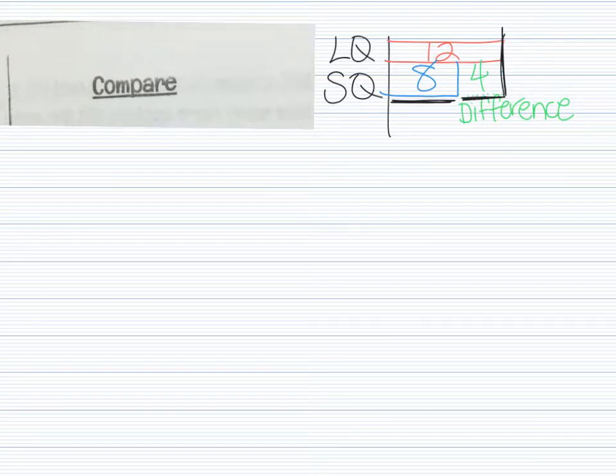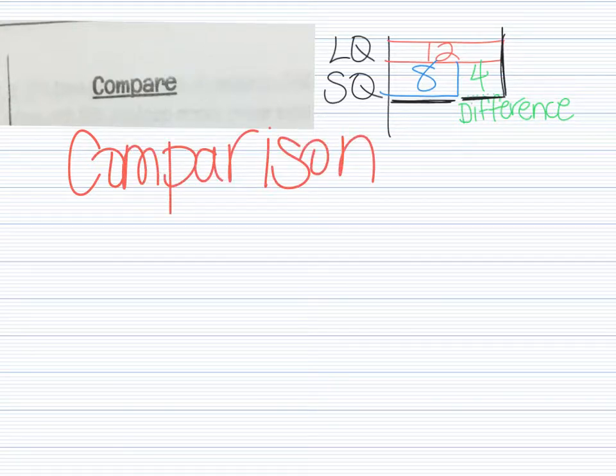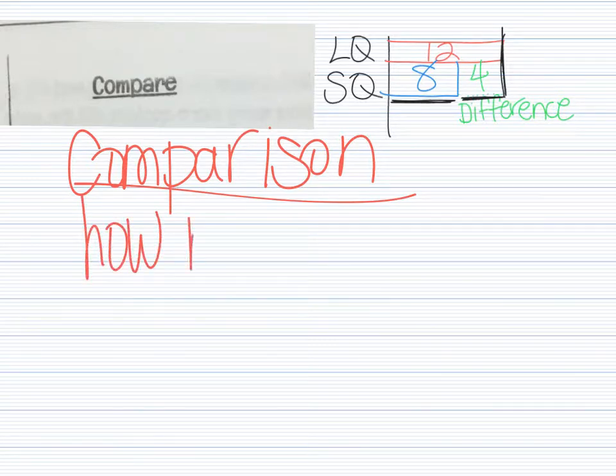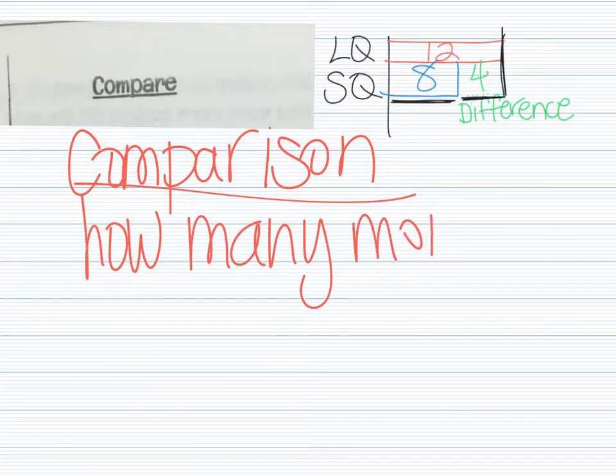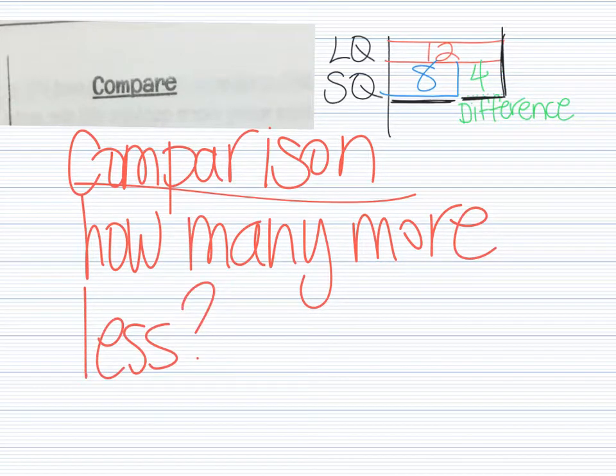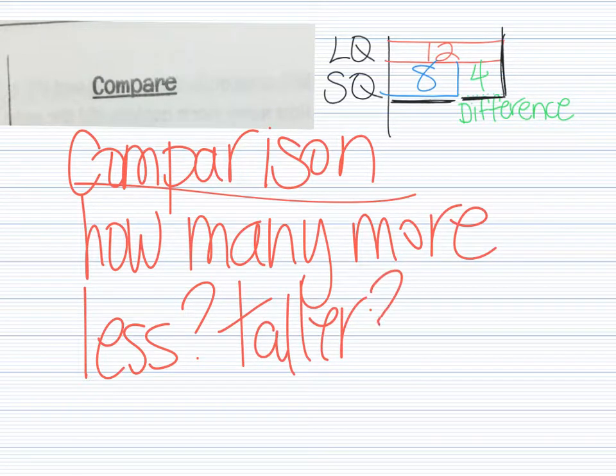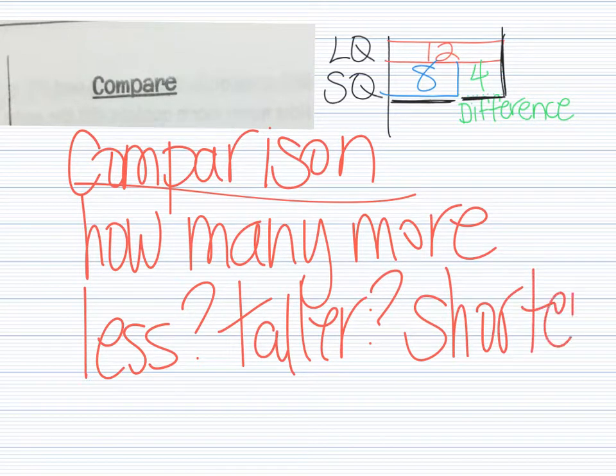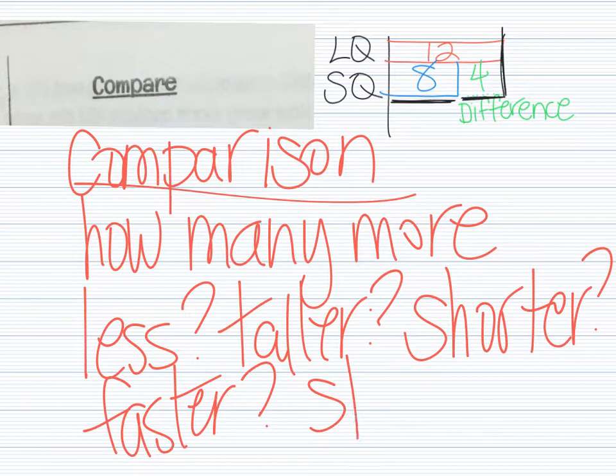Some helpful hints to remember, students, is that when you are reading your word problem and you notice words like how many more, how much less, how much taller, how much shorter, how much faster, how much slower, all of those questions indicate that it's going to be a comparison problem because it's telling you to compare two things.